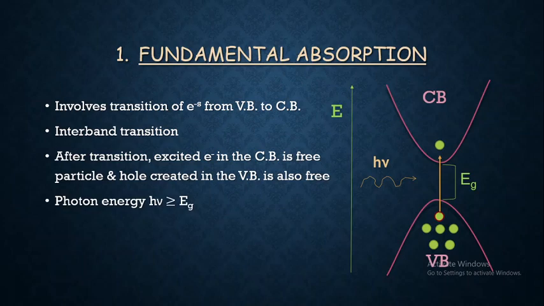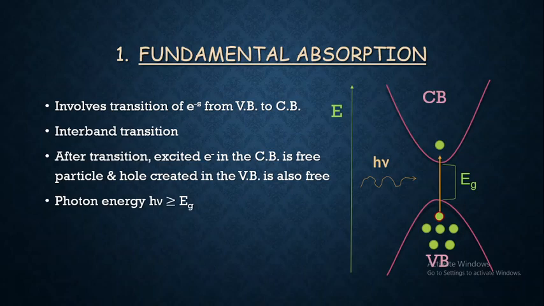So the electron which is present in the valence band has its own energy, and if it has to overcome the barrier, that is the forbidden gap, and go into the conduction band, then it needs energy equal to the energy gap. And when it acquires that much energy, then only is the transition possible.